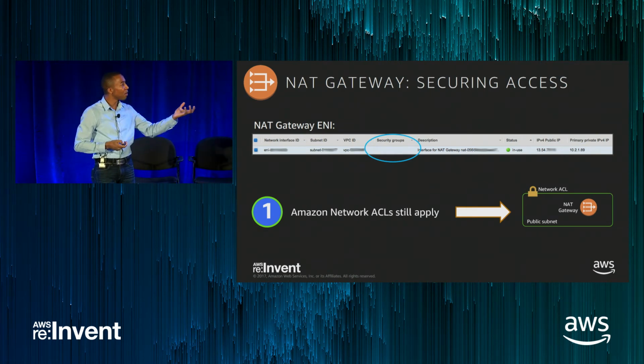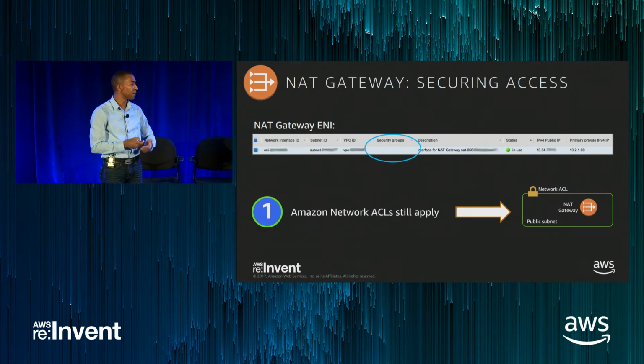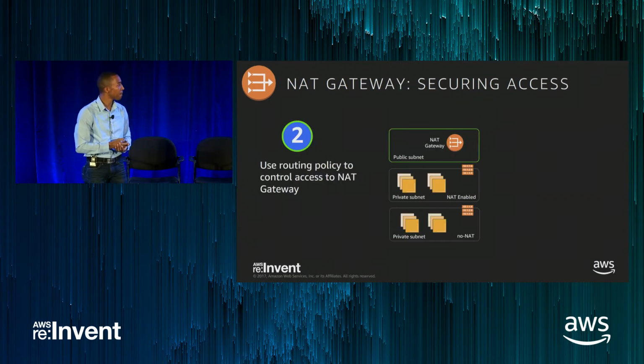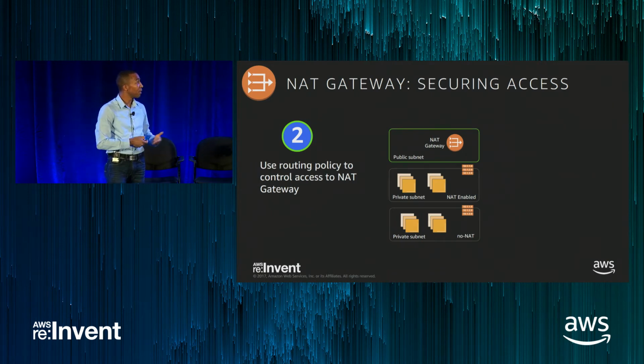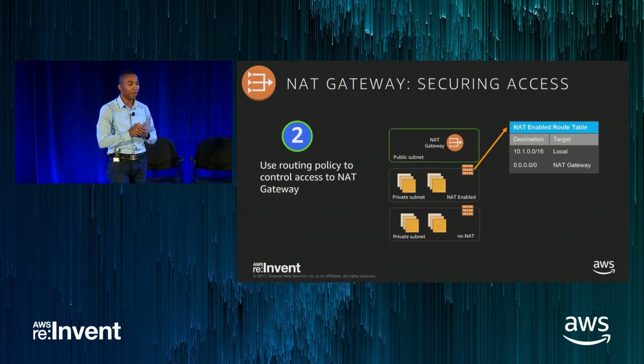So you can then create policies that protect your NAT gateway from subnets that should have no access to it. Another way that you can protect it is by simply saying, you know what? I'm just not going to add a NAT gateway as a target for any destination on the internet. So your route tables have no NAT infrastructure at all defined.